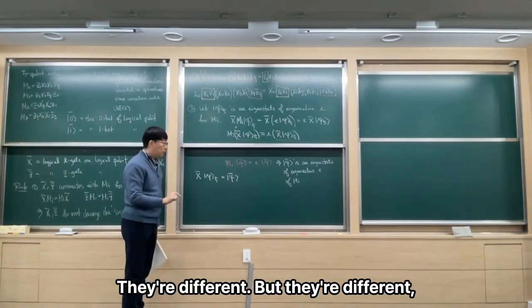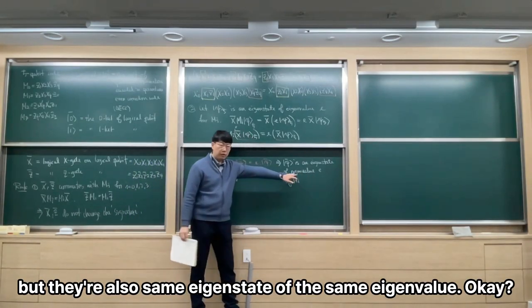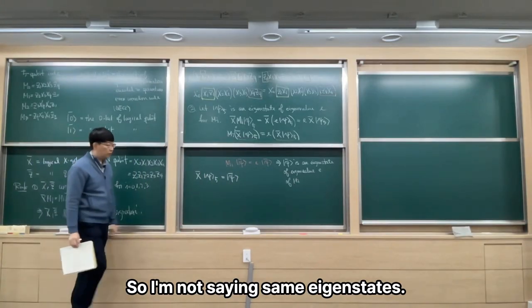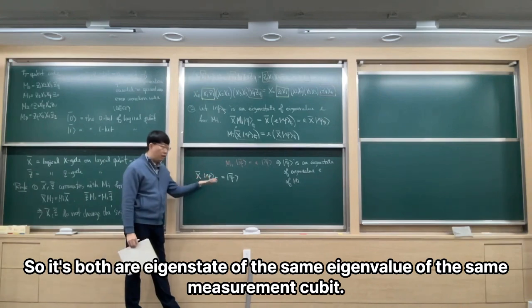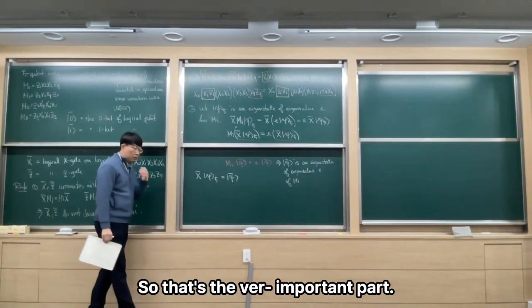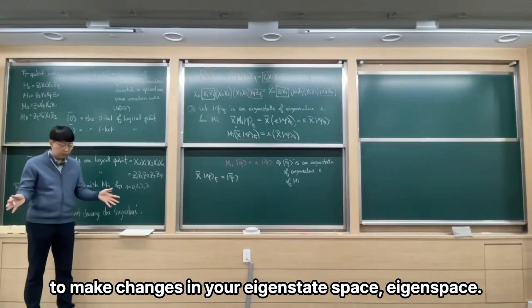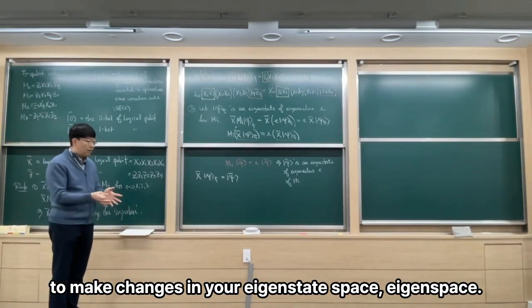They're different, but they're also eigenstates of the same eigenvalue. Okay, so I'm not saying the same eigenstate. Both are eigenstates of the same eigenvalue of the same measurement qubit. That's the very important part. So there is a lot of room to make changes in your eigenspace.